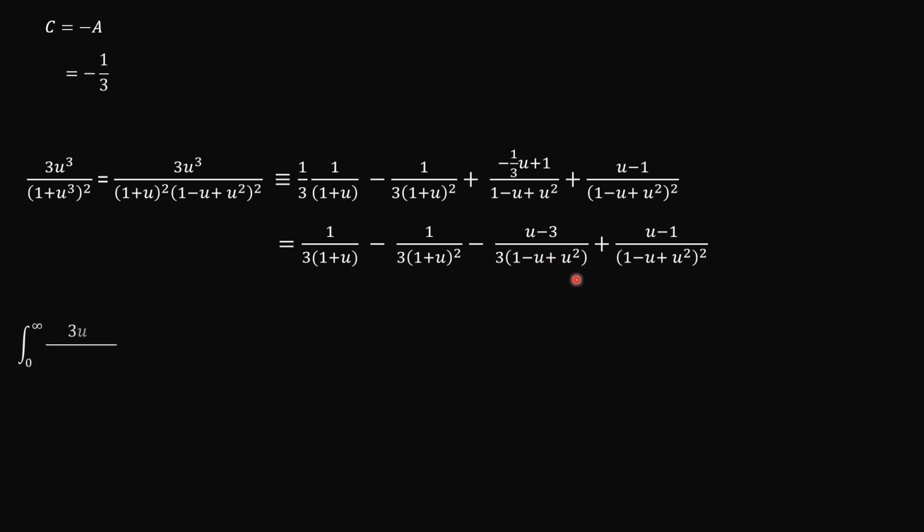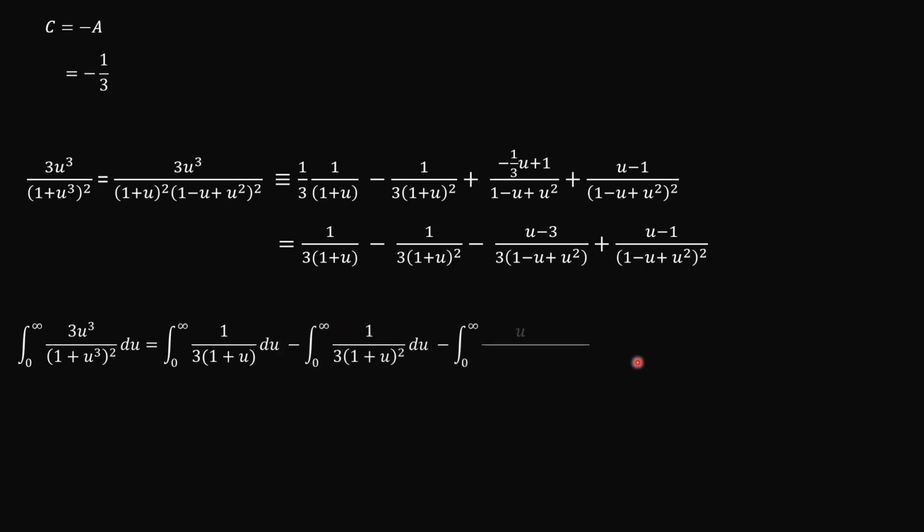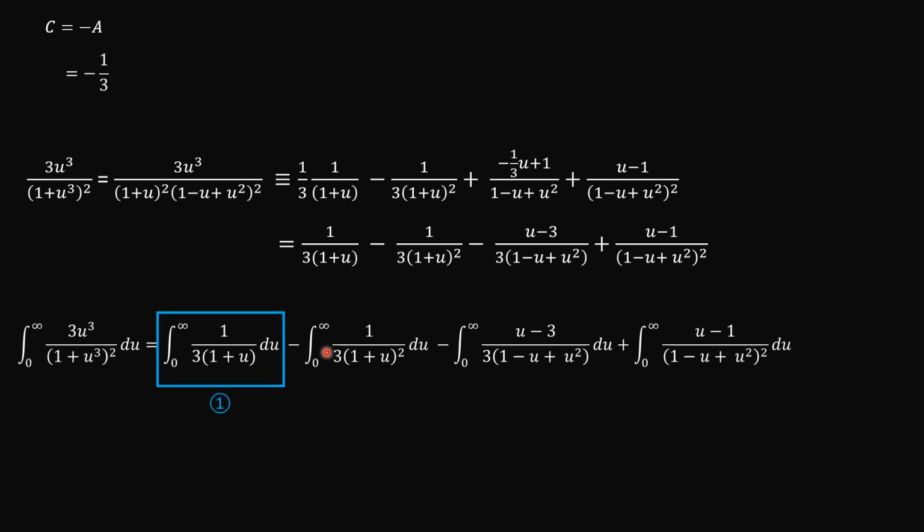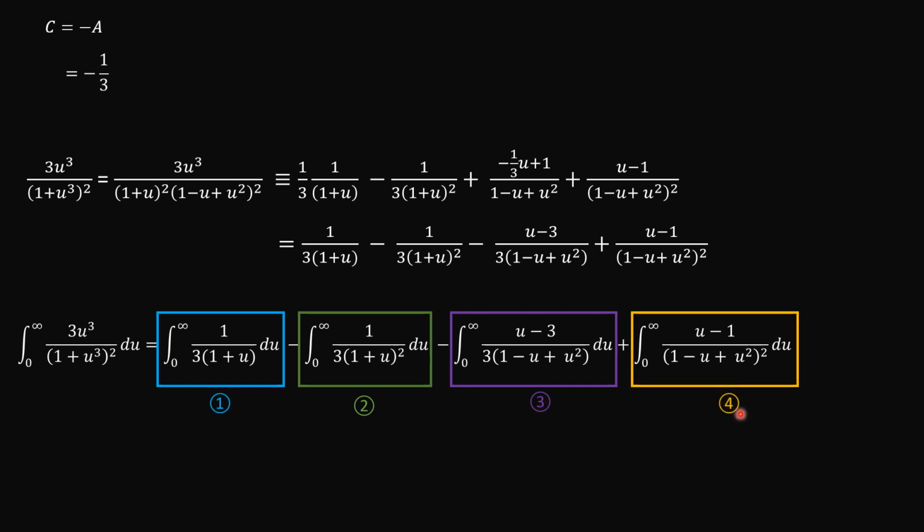So the integral from 0 to infinity of 3u^3/(1 + u^3)^2 is the same as the integral split 4 ways as shown here. As you can see, first of all, let's say this first term is integral 1, the second term is integral 2, the third term is integral 3, and then integral 4.